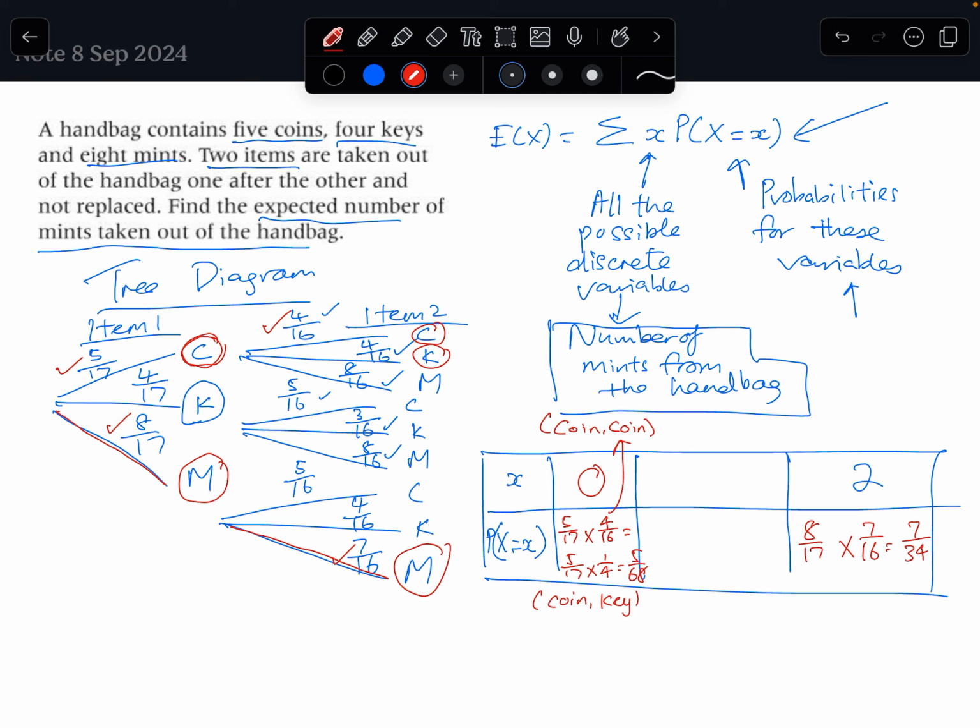And I'll look at 5 over 17 as the coin, and the same thing, which is 4 over 16. So we do know that 5 over 17 times 4 over 16 is the same probability that we had earlier with the coin and the coin. So that's going to also give me 5 over 68.